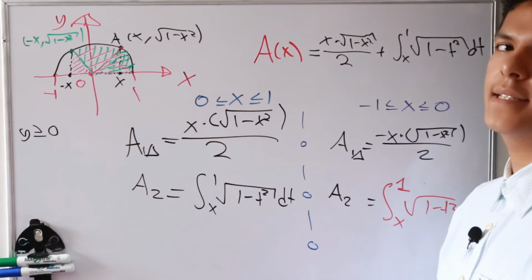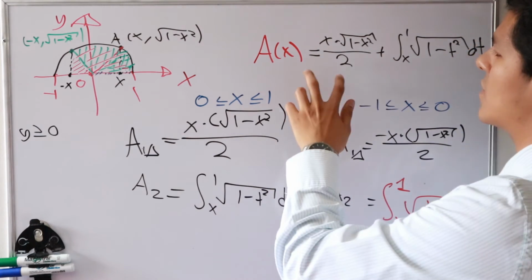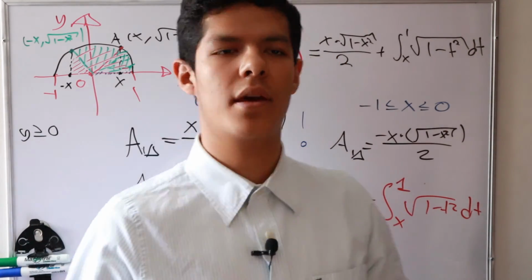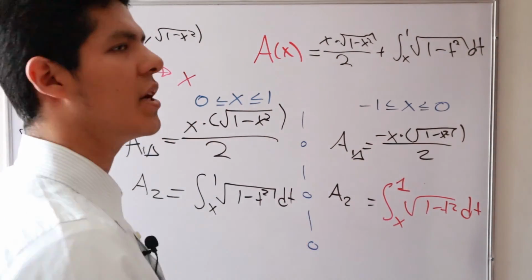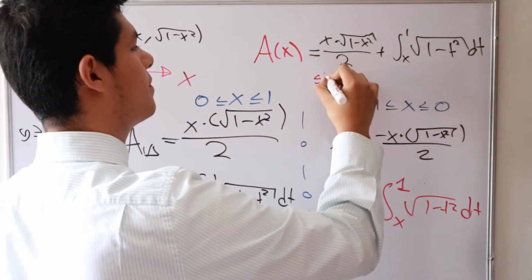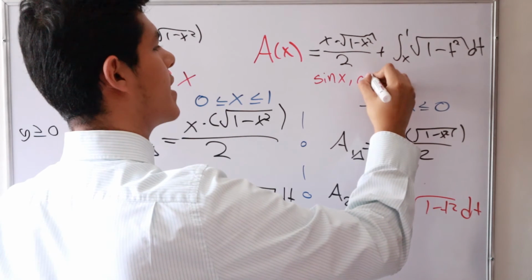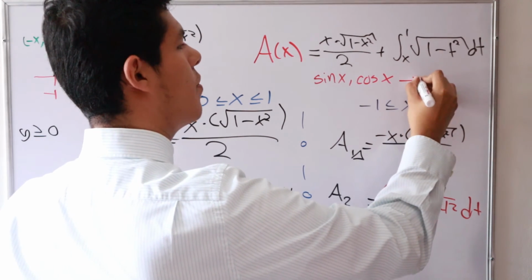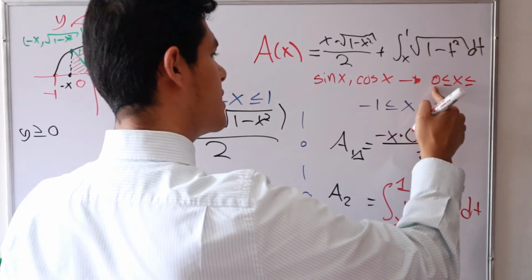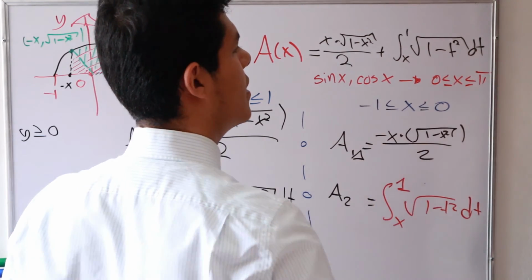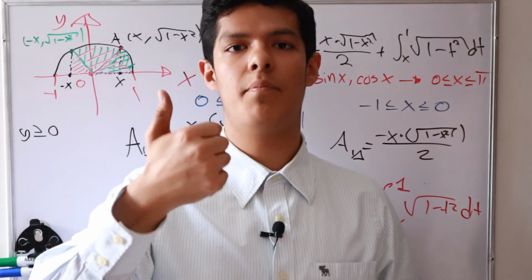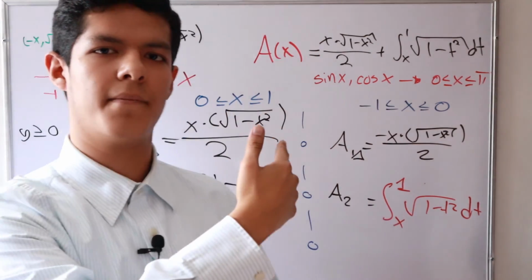In this case, this function is well defined and we need to use it because it is essential and important to define sine of x and cosine of x for values of x from 0 to pi. That's why we need to define pi first, and this function.